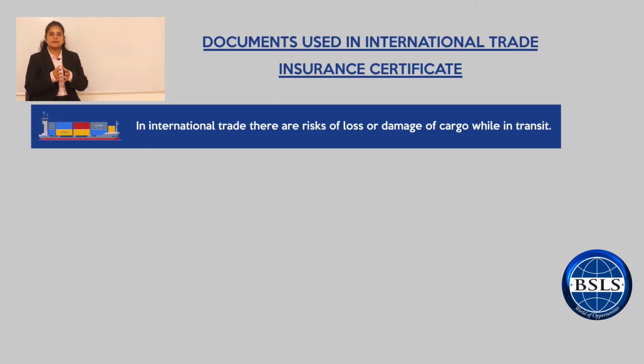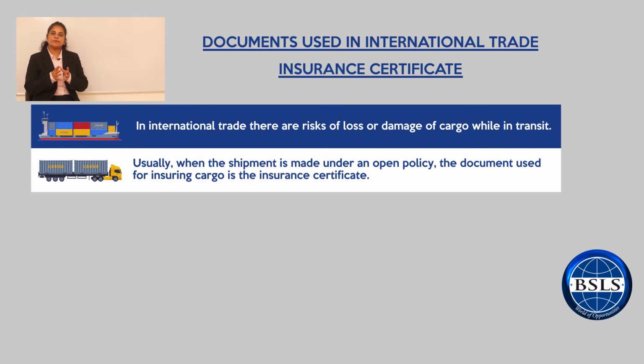While the goods are in transit, they face risks such as loss of shipment, theft of shipment, damage due to accidents or fire, etc. In order to protect oneself from the costs, the shipper or the buyer generally tends to insure the cargo. When the shipment is moving under an open policy, the insurance document that is used is called an insurance certificate.